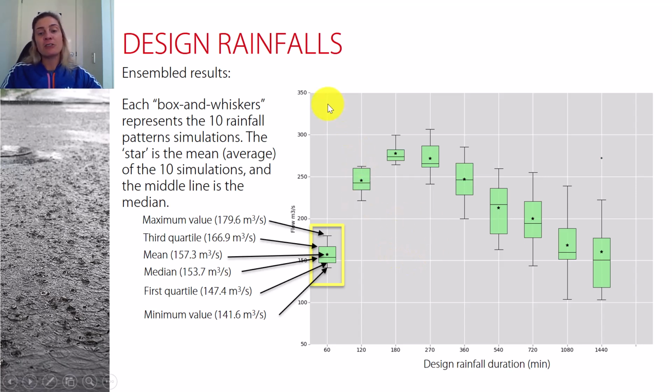Then it's customary to plot the discharges on the y-axis against the design rainfall durations. Now here is a box and whiskers plot, which represents the results of the simulations from the 10 rainfall patterns. So each of these represents 10 simulations.